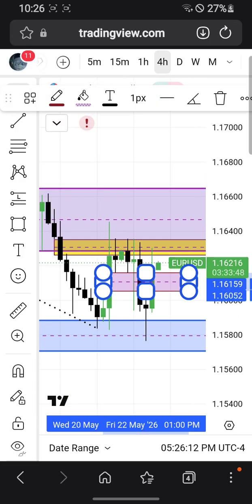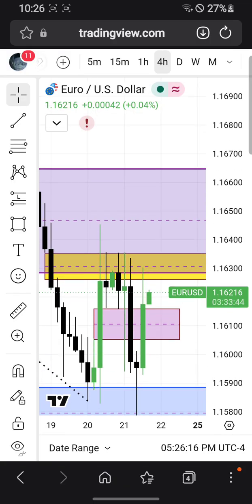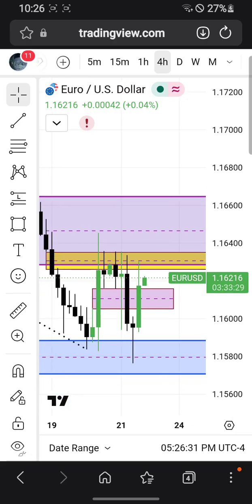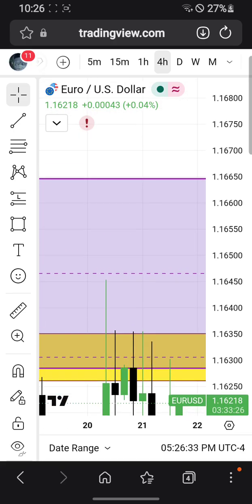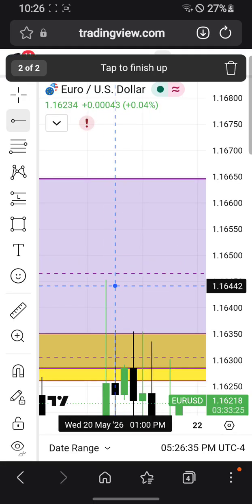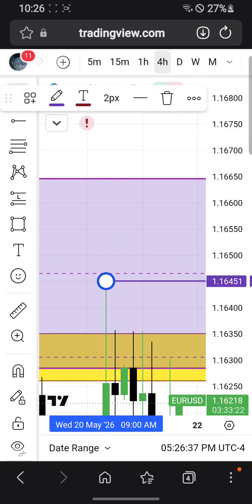Now when price was trading at that level in the morning, with what I told you on DXY, if DXY was to respect its own premium fair value gap to run down, then this was the anticipation of price to go up. What was I expecting in that morning time? I was expecting this high. Look, this is the previous day's high.